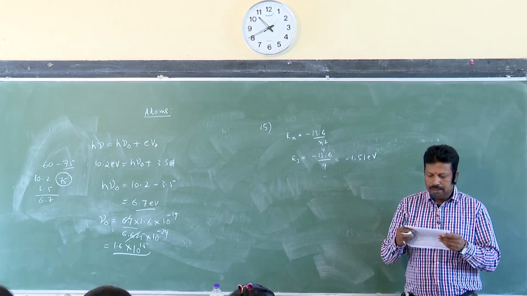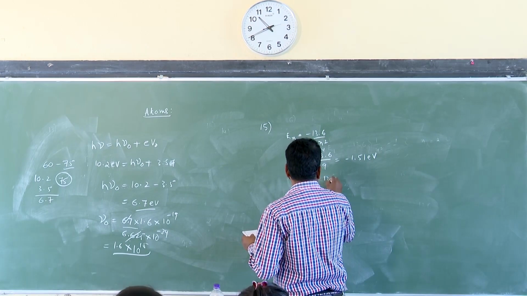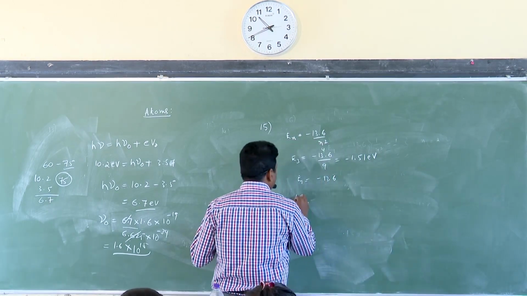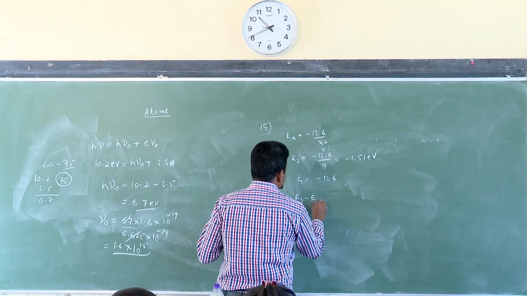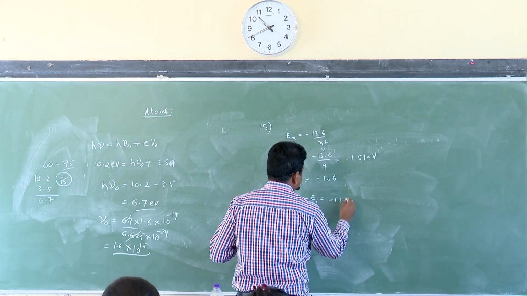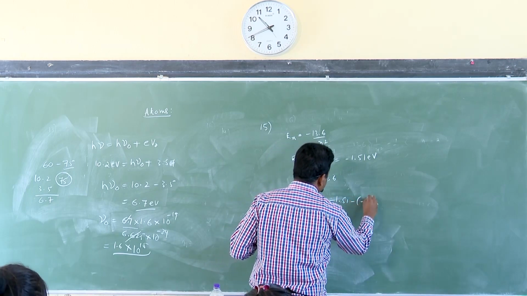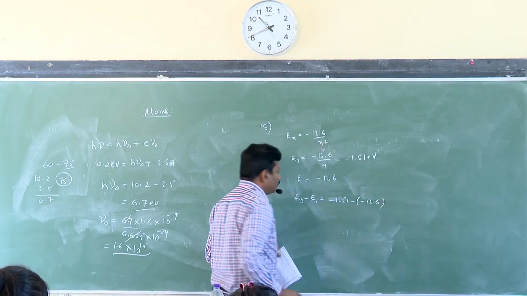That is the excited state, and E1 is minus 13.6. So therefore E3 minus E1 is minus 1.51 minus of minus 13.6, correct now?